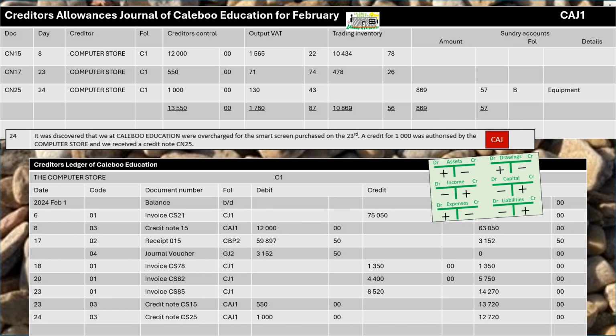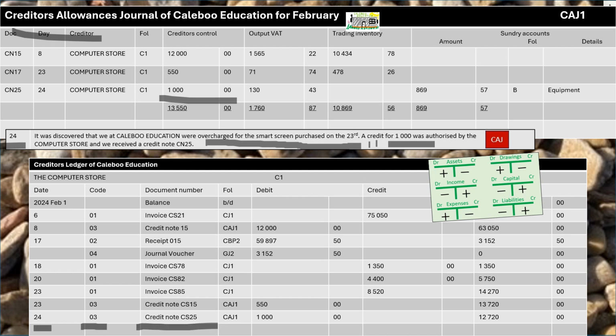On the 24th, it was discovered that we at Calibre Education were overcharged for the smart screen. The computer store gave us a credit for 1,000. It needs to go into the creditor's allowance journal. There's the 1,000. On the 24th, the code for the allowances is 03.